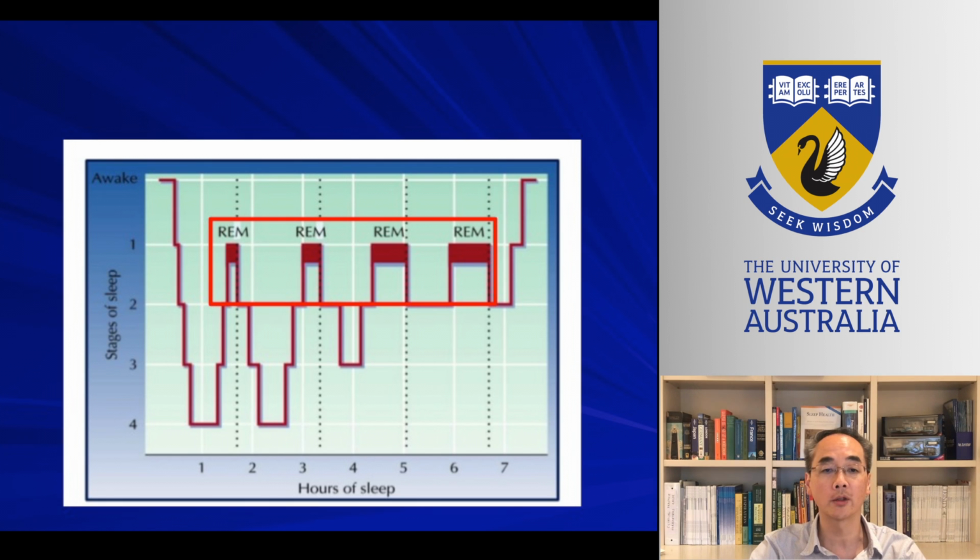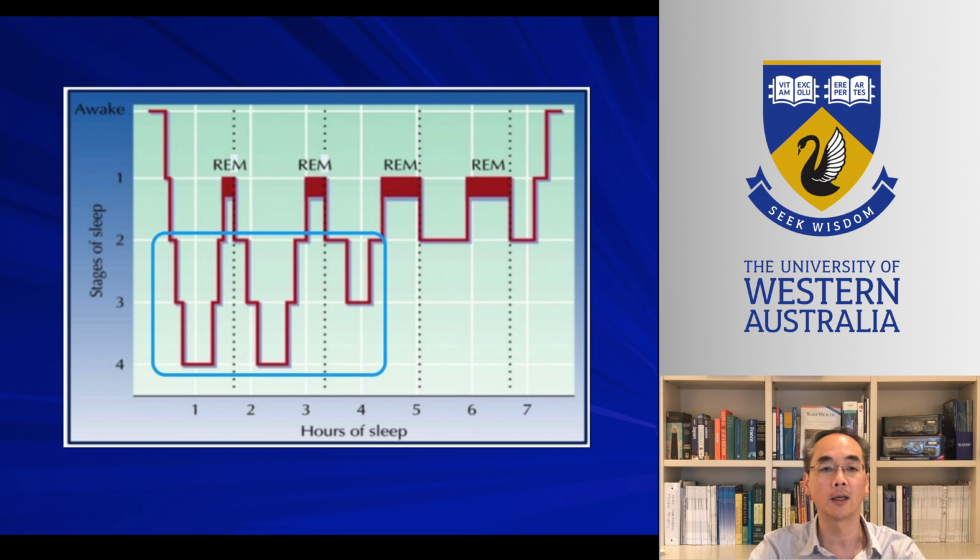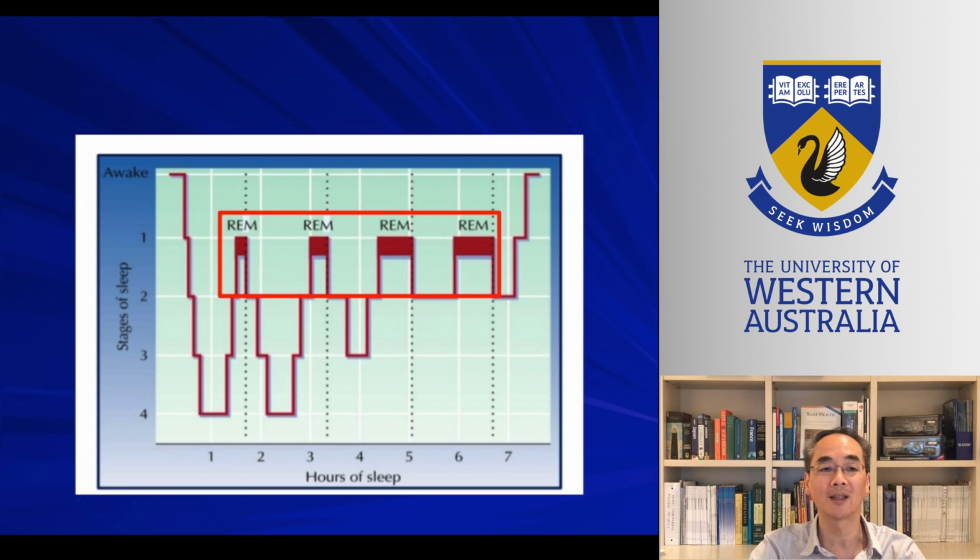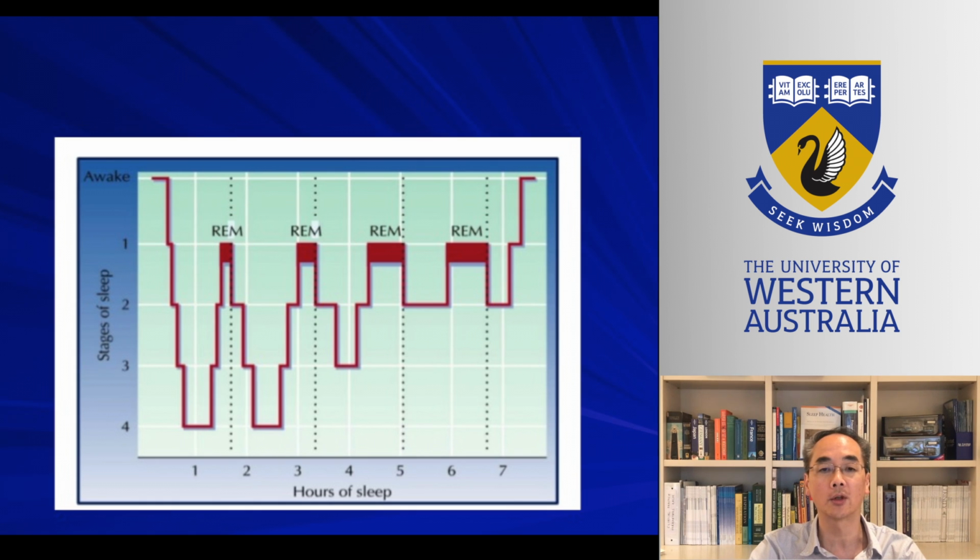This completes one cycle of sleep and usually takes about 90 minutes. We then start again and often have 4 to 5 sleep cycles per night, with each cycle being slightly different. More slow wave sleep occurs in the initial sleep cycles, whereas more REM sleep occurs during the later cycles. This is important because certain sleep disorders occur more during different stages of sleep.